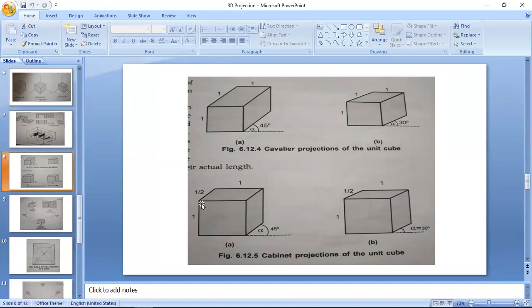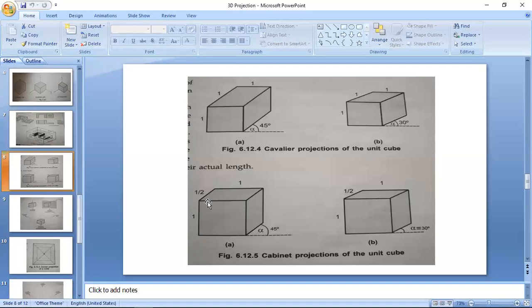In this, you can see that one of the edges is foreshortened. It actually gets halved, irrespective of the other edges. Okay, only one edge will get foreshortened. This is the case with the cabinet projection.